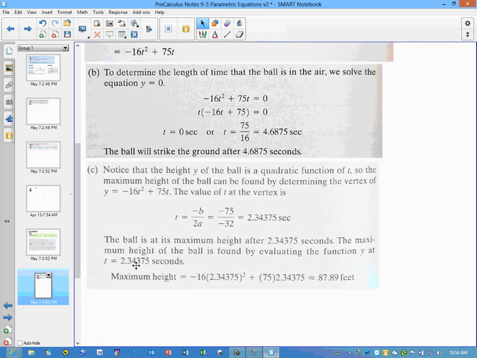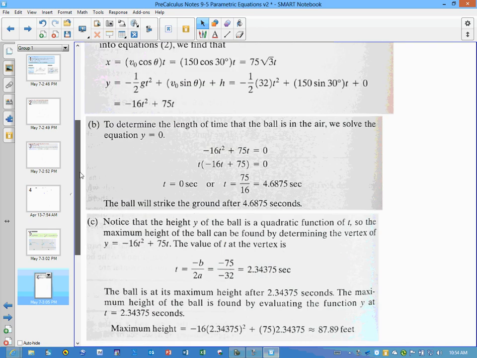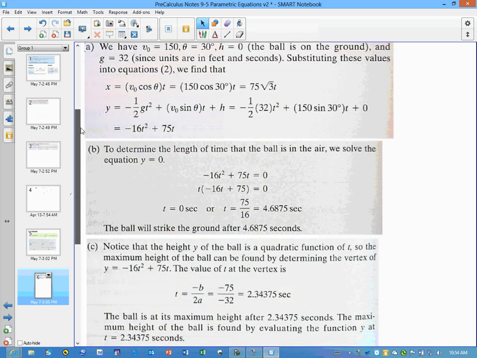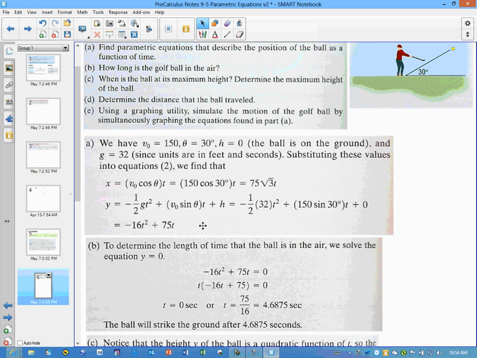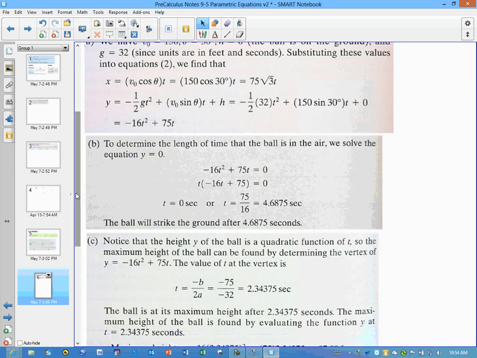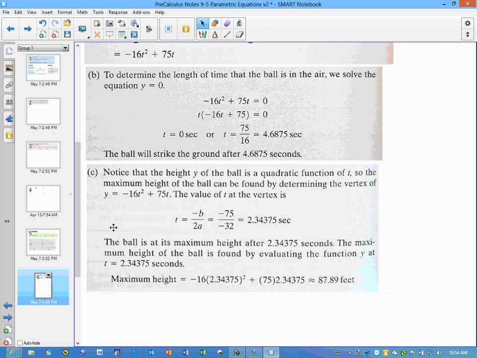All right, so if we think about that, there's actually two ways we can do this. To find out when it's at its maximum height, we should realize that this quadratic equation is going to be a parabola if you graph it. Now, we did learn earlier that there is an equation to find the x value of a parabola. It's negative b over 2a.